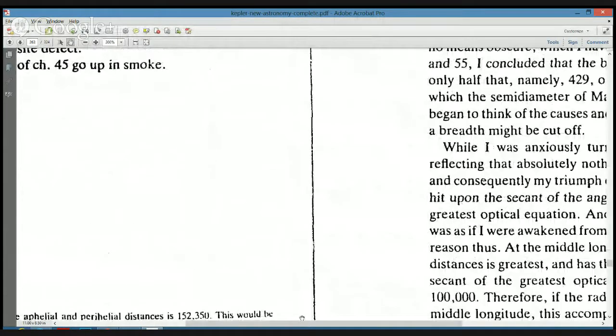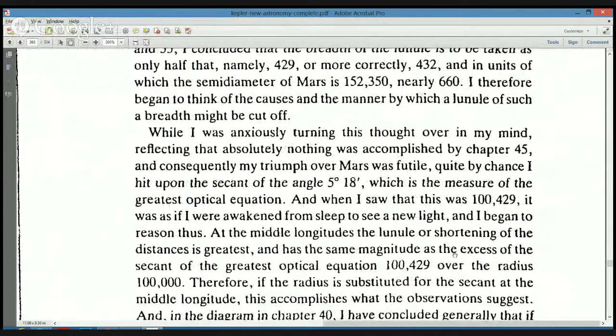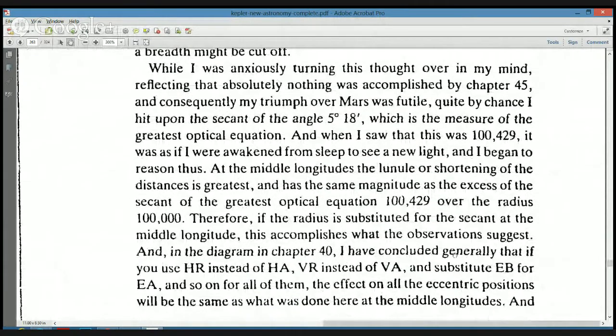While I was anxiously turning this thought over in my mind, reflecting that absolutely nothing was accomplished by chapter 45, and consequently my triumph over Mars was futile, quite by chance I hit upon the secant of the angle 5 degrees 18 minutes, which is the measure of the greatest optical equation.